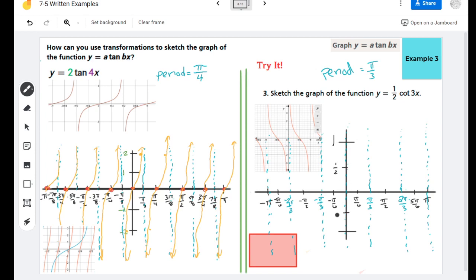So what we're going to do is have a vertical compression to where halfway between my 0 and my asymptote, it only goes up to that 1/2 marker instead of the 1 marker. So there's my zeros. And so when I go to draw my anchor points for these, I go halfway. And so that's at the pi over 12 marker, which is like, ugh.